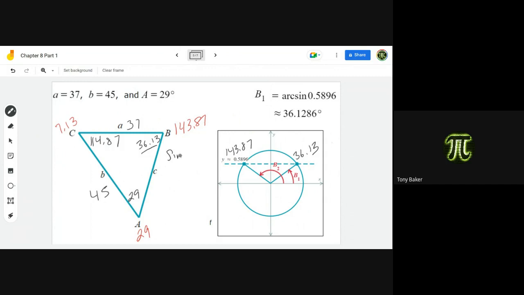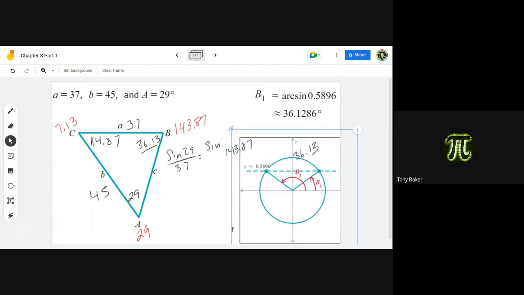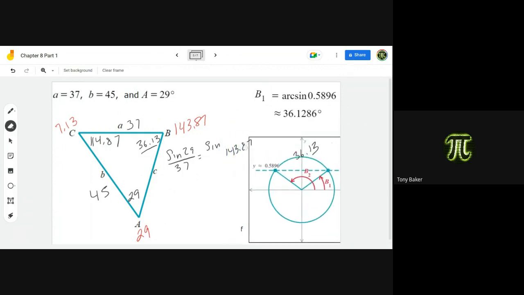So we have sine of 29 over 37 equals sine of 114.87 over C. We're doing C, so cross multiply and solve.